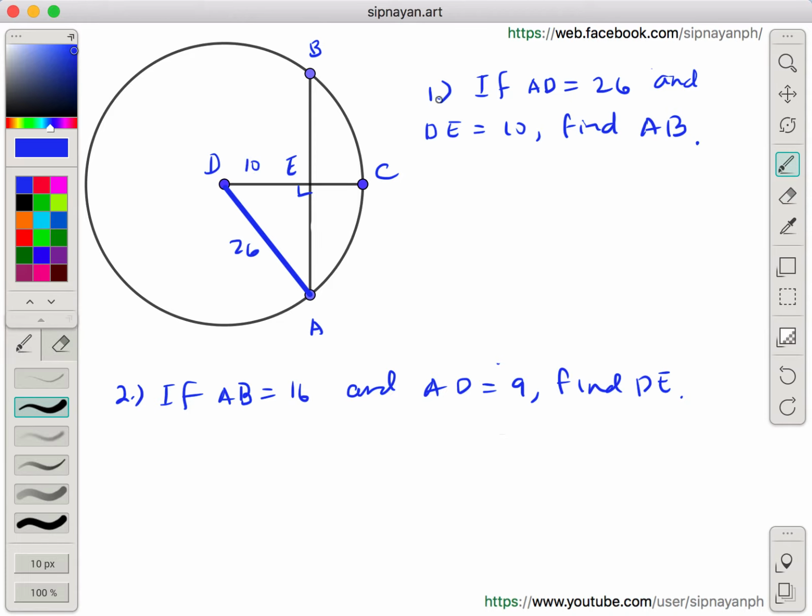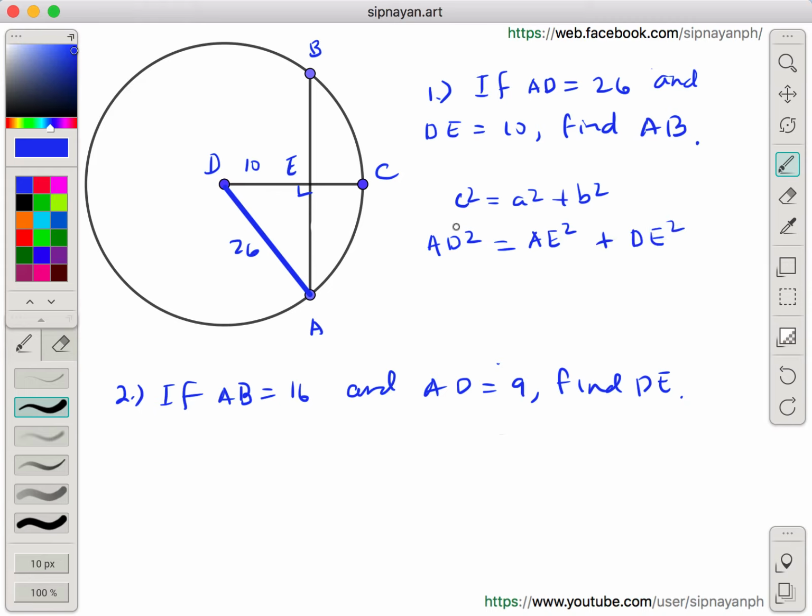Di ba yung Pythagorean theorem, we have c squared equals a squared plus b squared, where our c squared is the hypotenuse. So, ang c squared natin dito, yung AD, we have AD squared is equal to a squared. Kahit saan naman yan, pwede. We can interchange sides. So, maybe we can just say AE squared plus DE squared.